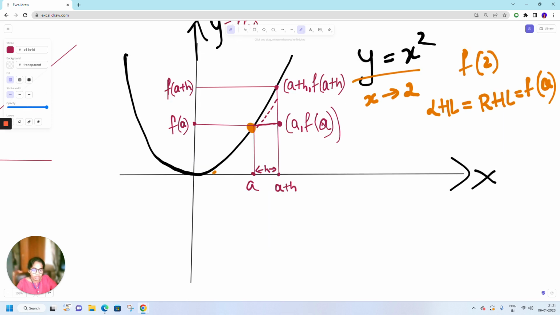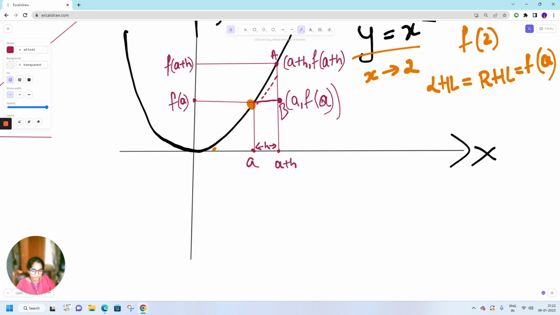Now if this is my a and this is my b, let me find the slope of these two points. What is the formula? Change in y divided by change in x. What is change in y?